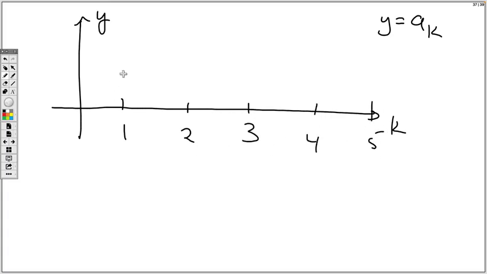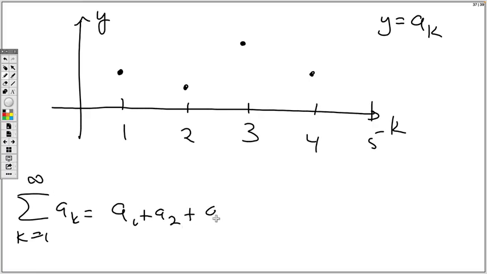And you're going to get a sub 1, a sub 2, maybe a sub 3, a sub 4, etc. You follow? Now, if you look at the sum, k goes from 1 to infinity, a sub k, a sub 1 plus a sub 2 plus a sub 3, and so on.